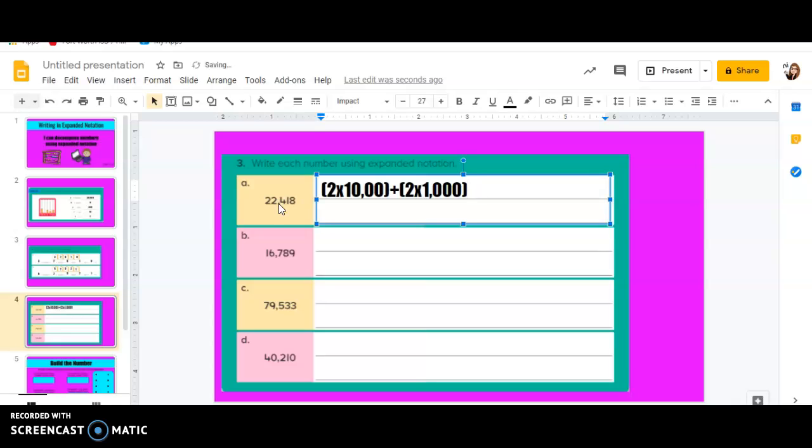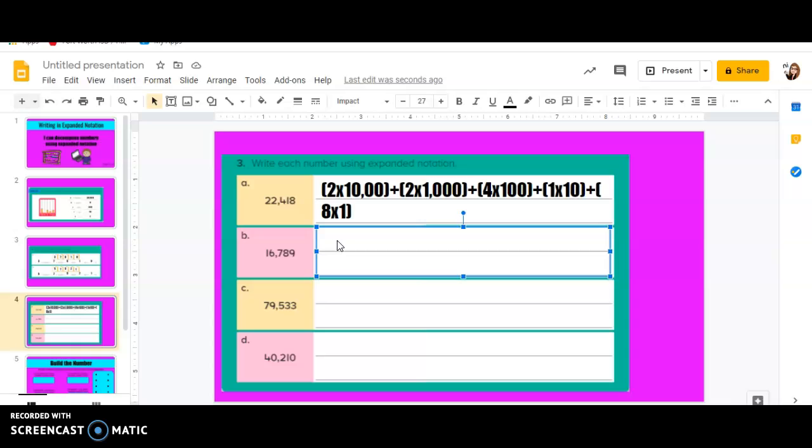Close parentheses, plus, parentheses, next number, 4, times 100 for my place value, plus, parentheses, 1 for the 1 here, times 10 for my place value, close parentheses, plus, parentheses, 8 times 1 for the place value 1, close parentheses. When you finish with the ones place, you are finished.